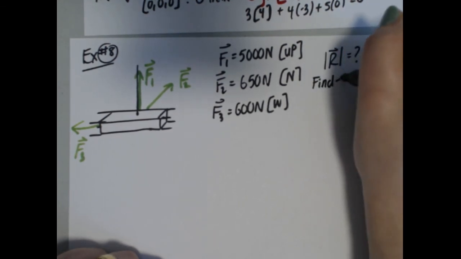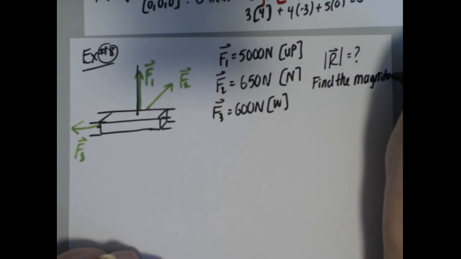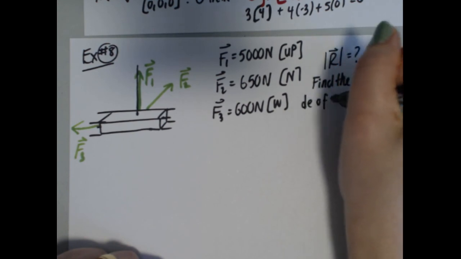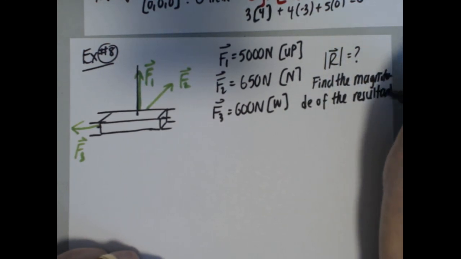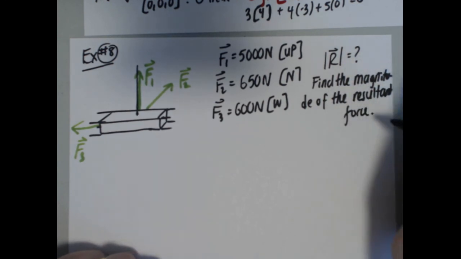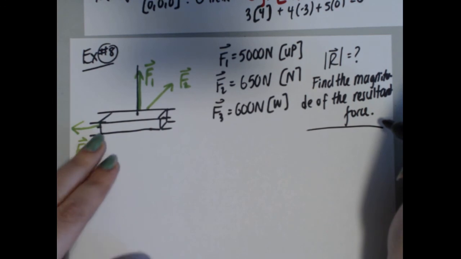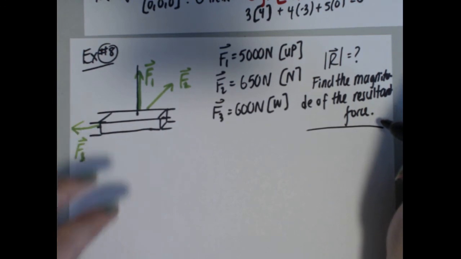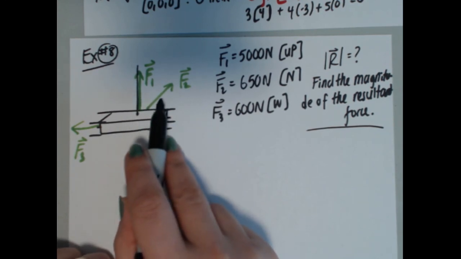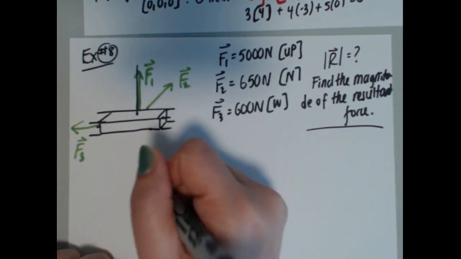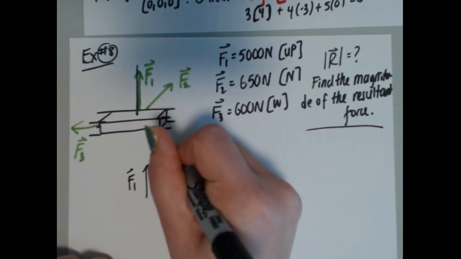Let me just write that down. Find the magnitude of the resultant force. Now, this question is a little bit unique in the sense that all 3 forces are perpendicular to each other. When you add things that are perpendicular, for example, if I added F1 and F2, I would get another vector. Here's F1 that's up, F2 is north.